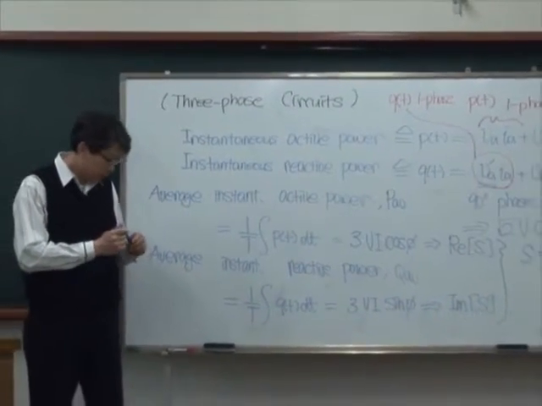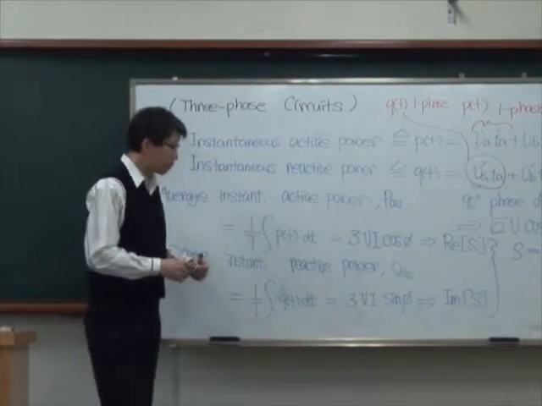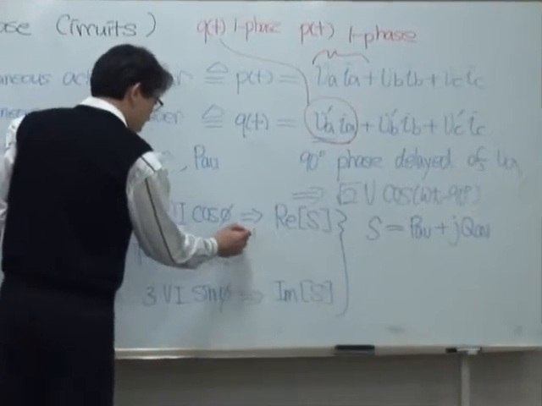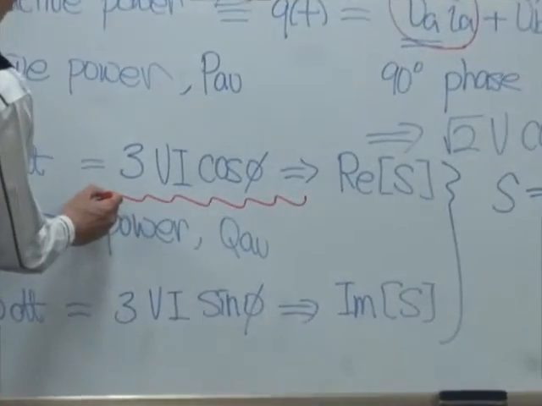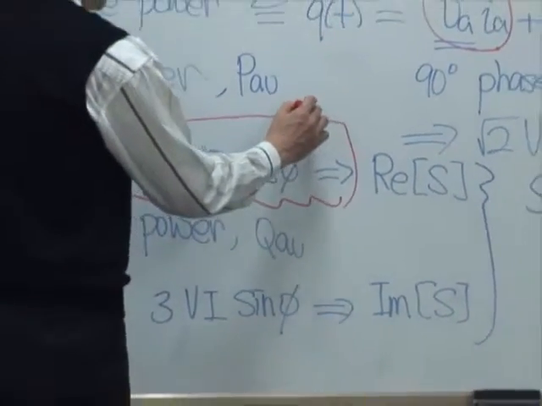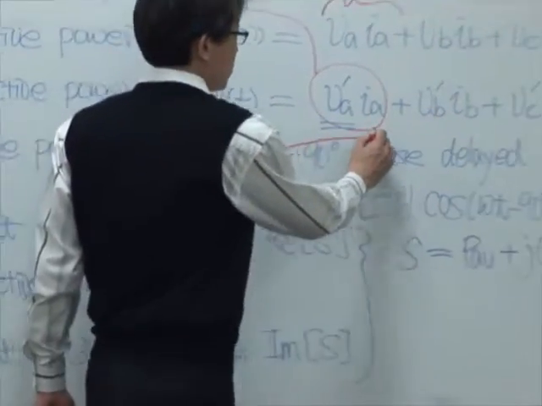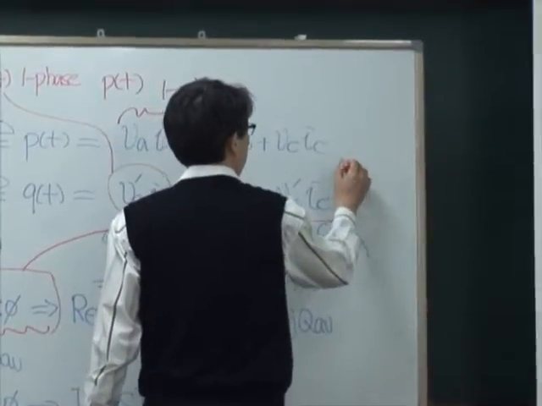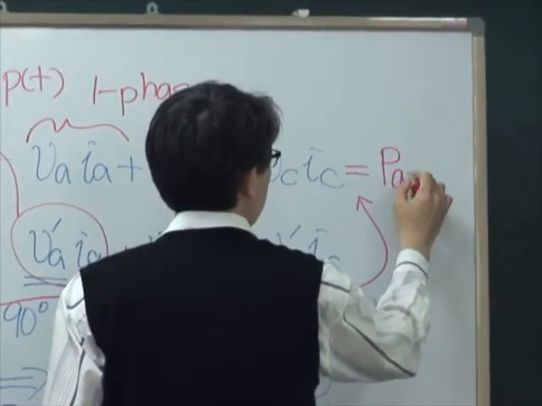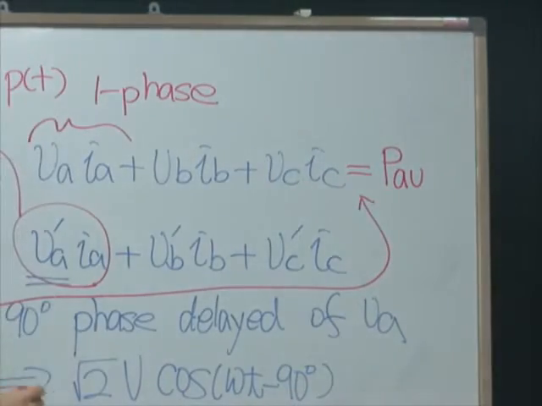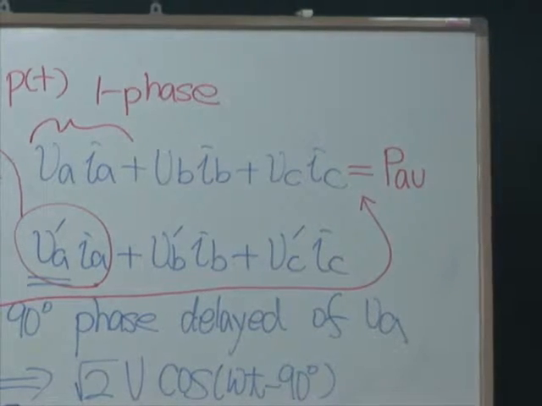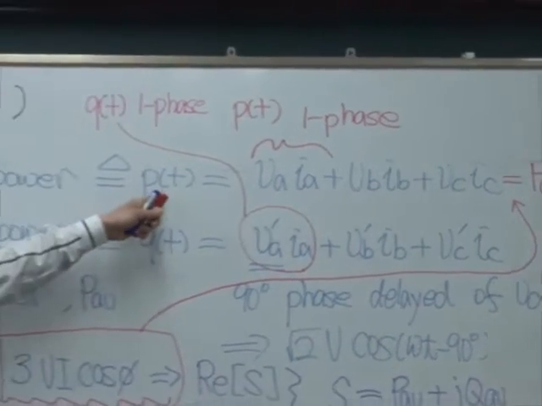Now, going back to our advantage of three-phase system, this 3VI cosine phi is exactly same as this. Right? I told you once that instantaneous power is equal to PAV.